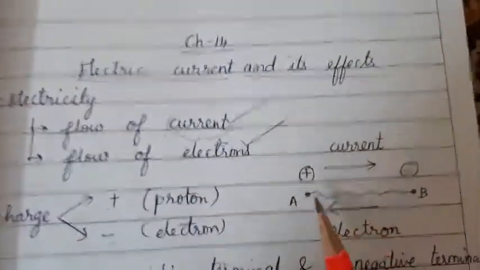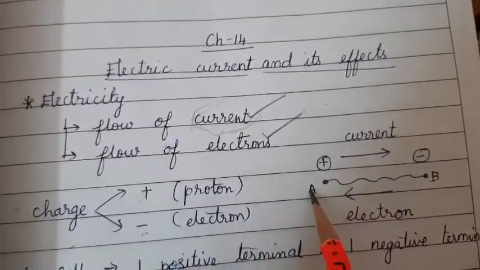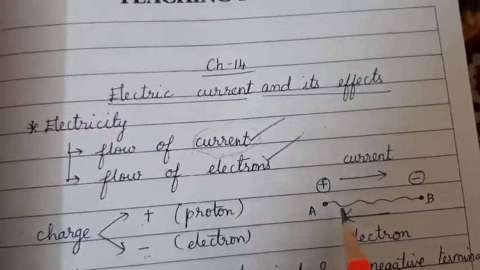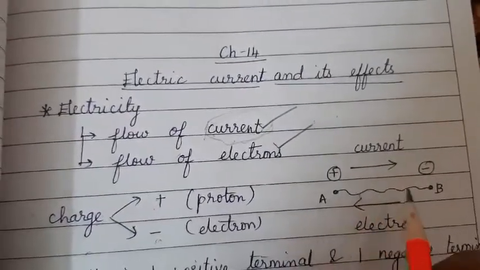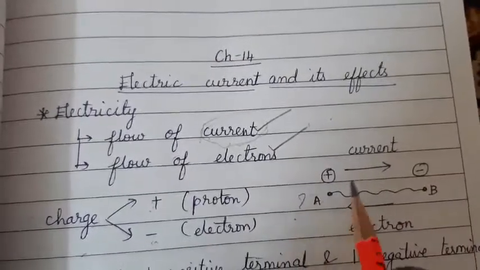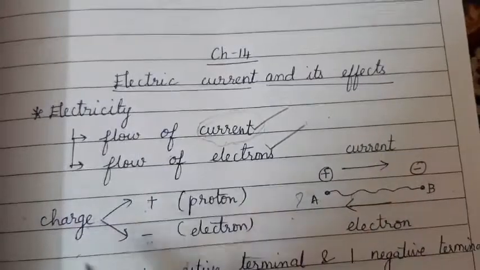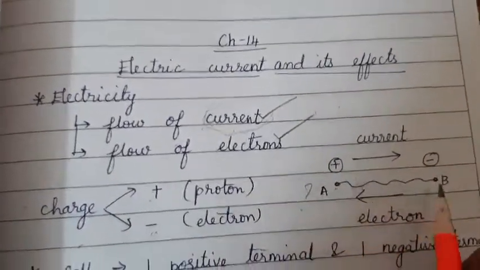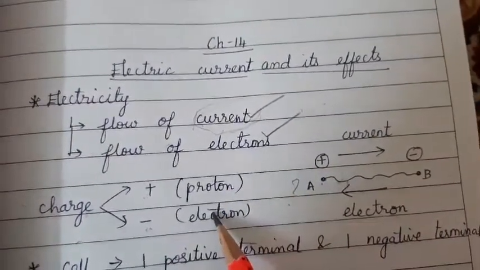Okay, so if this is a wire, one end of the wire is A and the other end of the wire is B. When I connect it in a circuit, the current passes through the wire. But how come? The current passage is nothing but the flow of charges in the wire from one end to the other end. There are two charges, as I told you already.